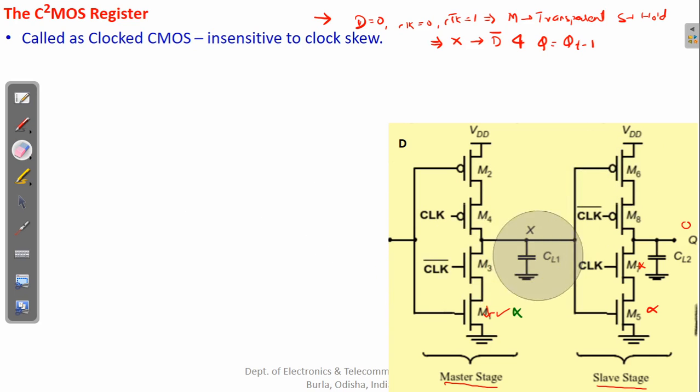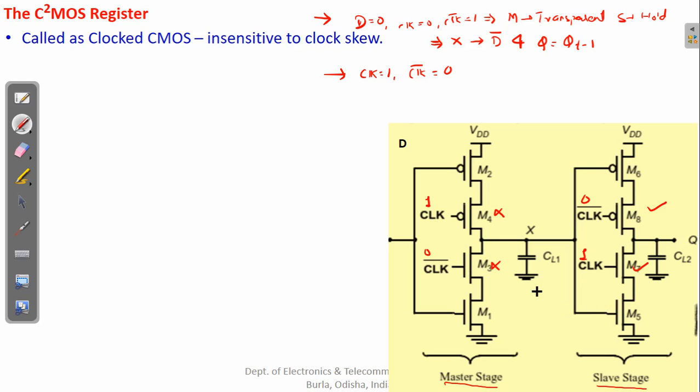Now what will happen if clock becomes 1 and clock bar is 0? So clock is 1 here and clock bar is 0. When clock is 1, that will make this off, clock bar is 0, this is off, this is on, this is on.